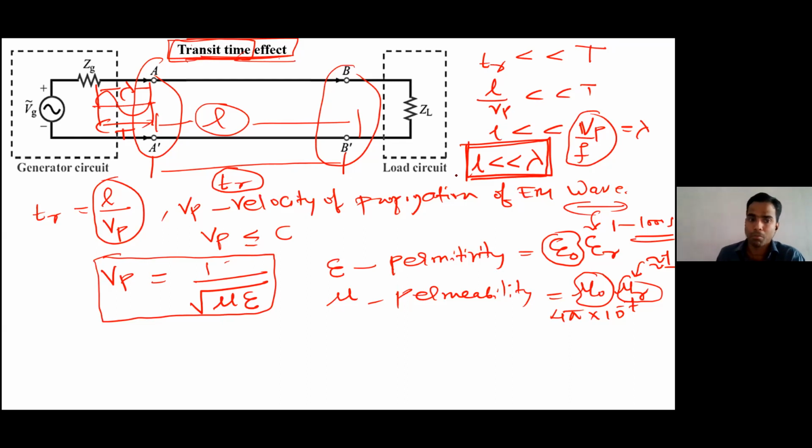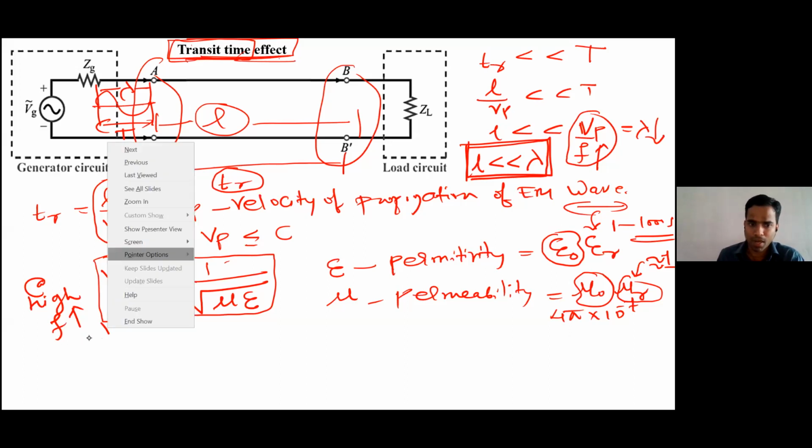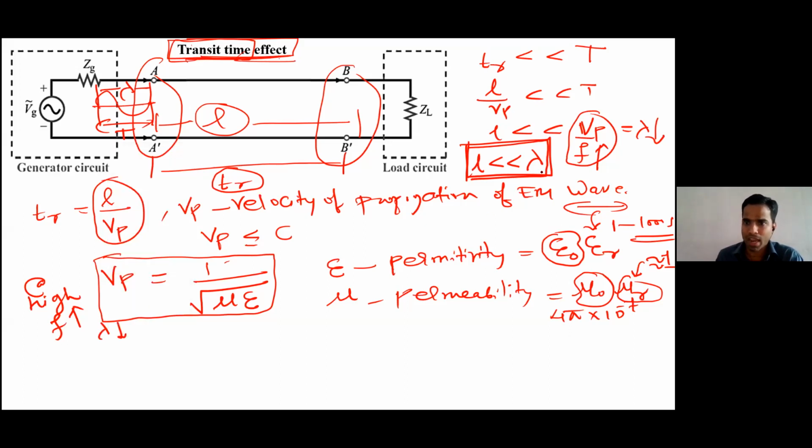But what happens is at high frequency, as frequency increases, the wavelength will reduce, right? So the lambda reduces. When the lambda reduces, it becomes comparable to the length of the transmission line.